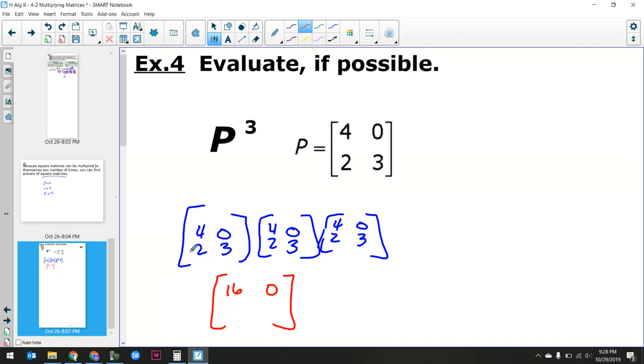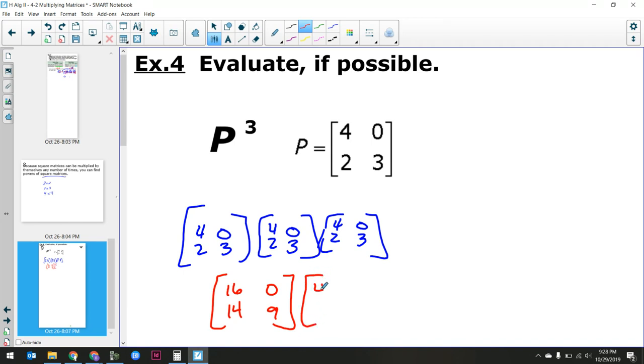Row 2, column 1. So this is 8 and 6, 14, right? 2 times 4 is 8. 3 times 2 is 6. 14. This is row 2, column 2. 2 times 0 is 0. 3 times 3 is 9.